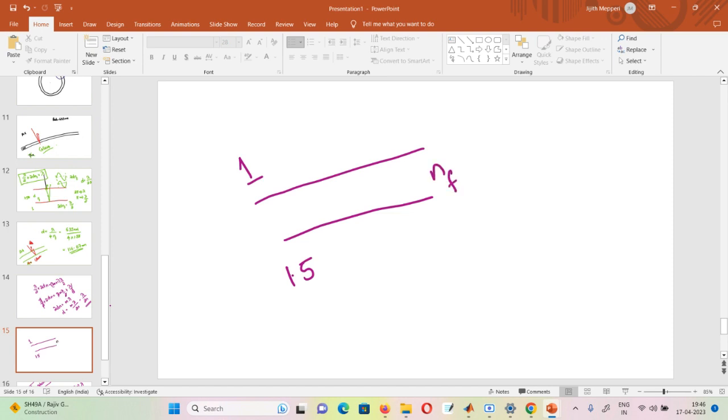So if you can choose the refractive index of the film, it should be the square root of 1 into 1.5, and that answer will be 1.22.